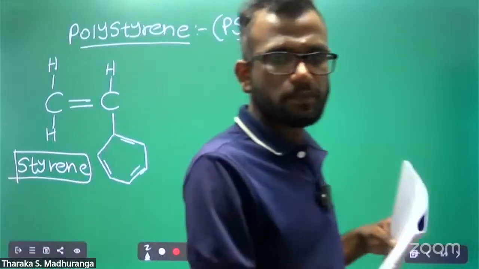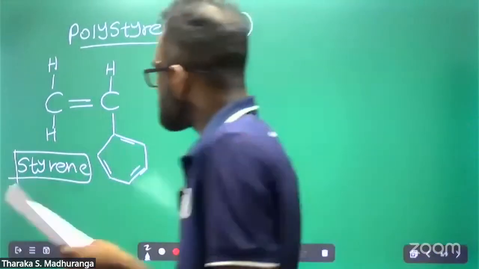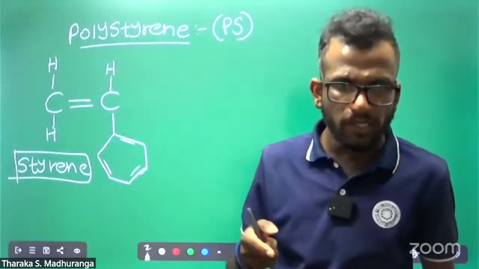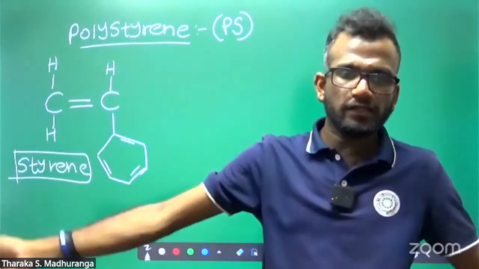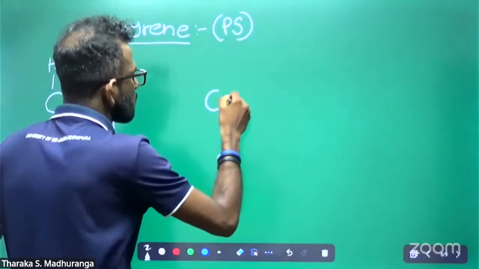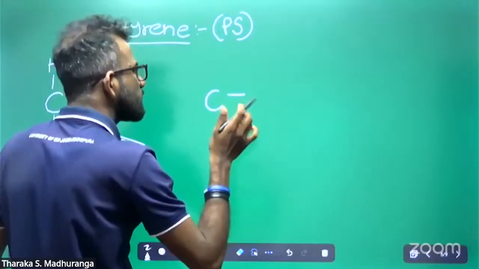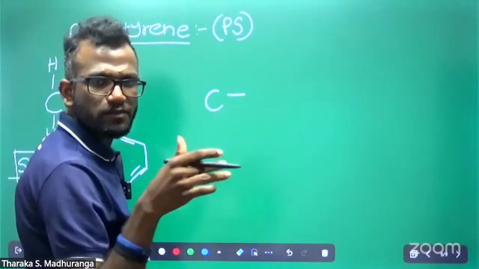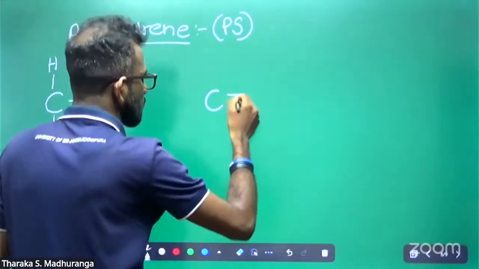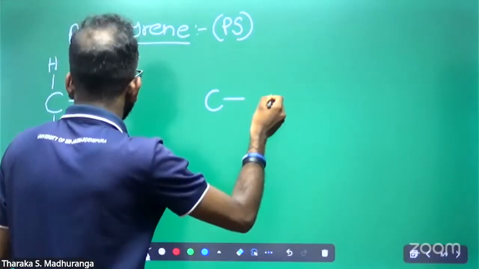Then polymerization is when this double bond breaks down into a single bond. Simple, no? Only the monomer names, and if you remember the monomer structures, that's enough.